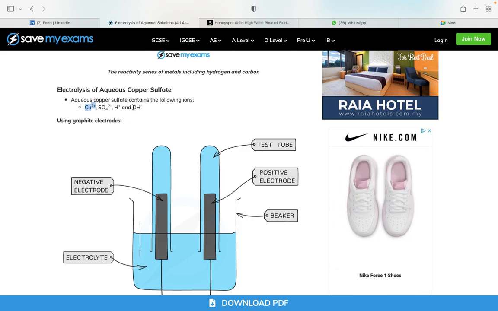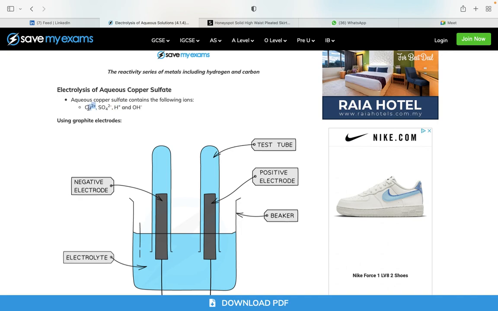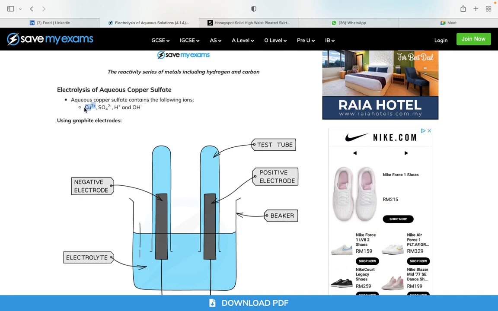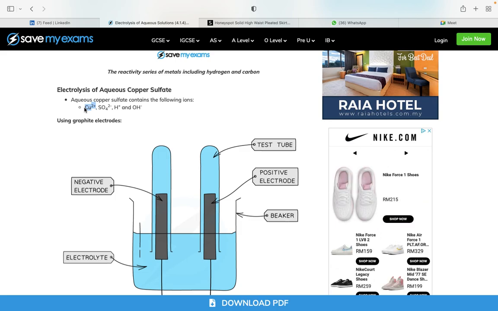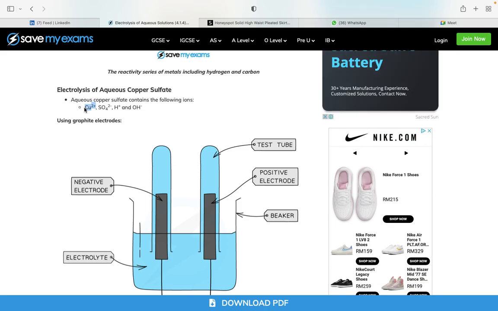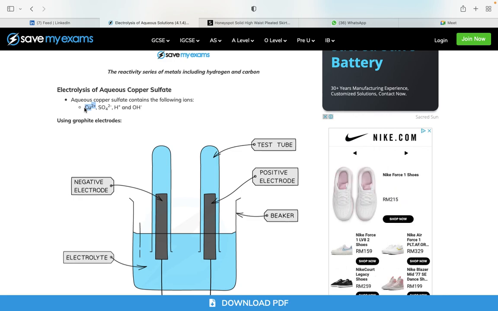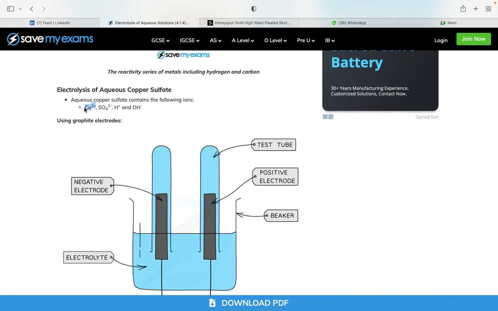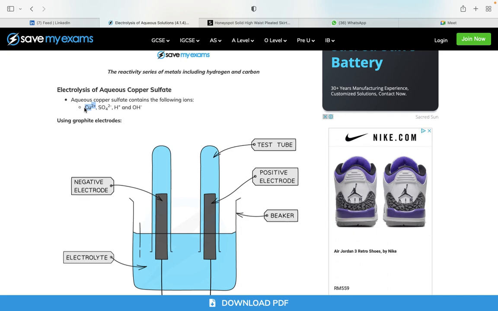Copper ion or hydrogen ion, which one will be discharged? You have to look at the reactivity series.